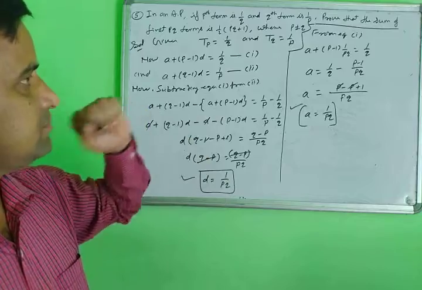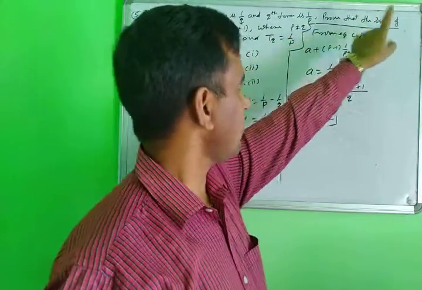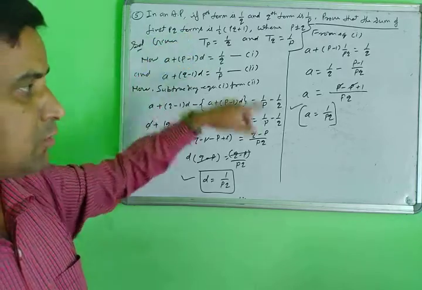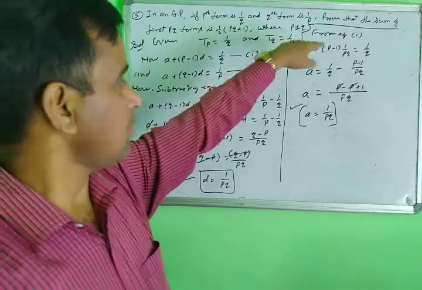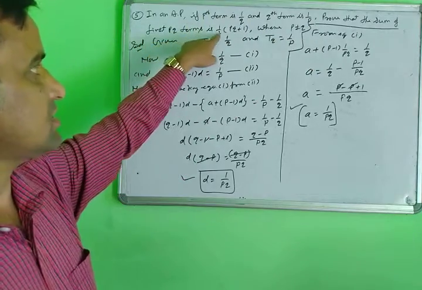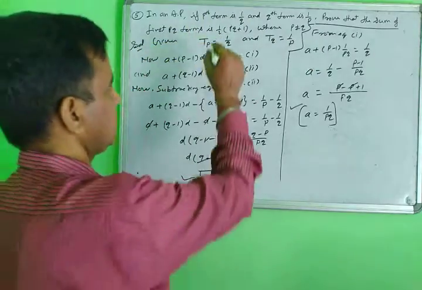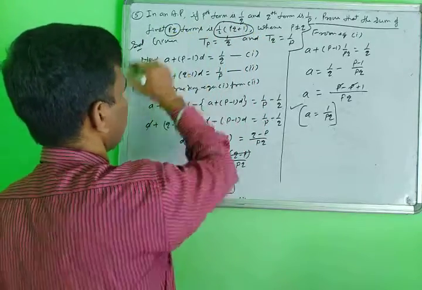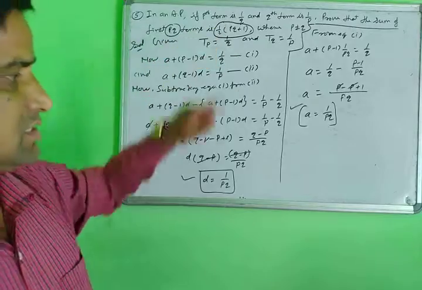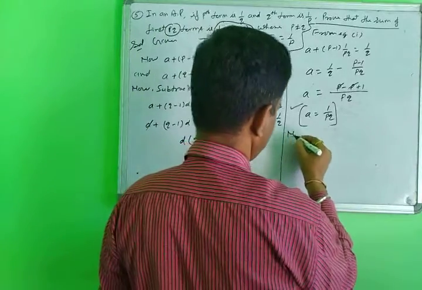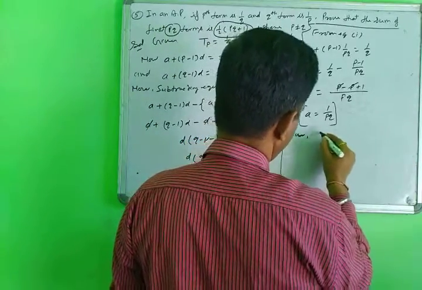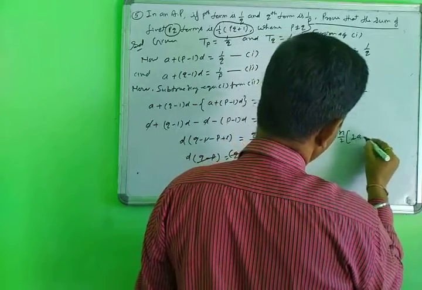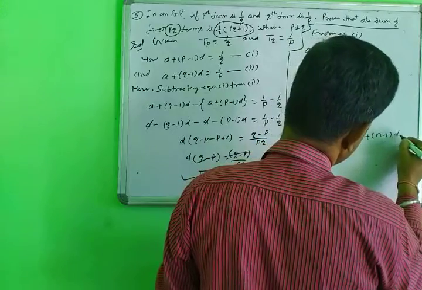Then you prove that the sum of the first pq terms is this. You will prove these things here: the sum of the pq terms. So now Sn equals n upon 2 into (2a plus (n minus 1)d).